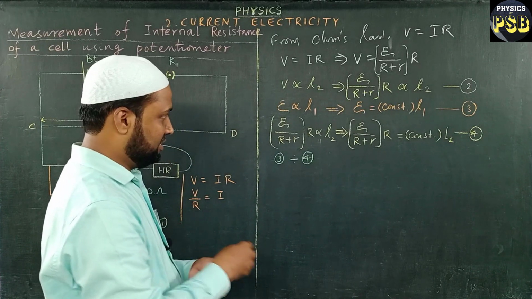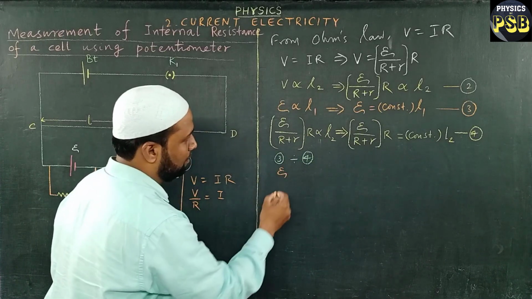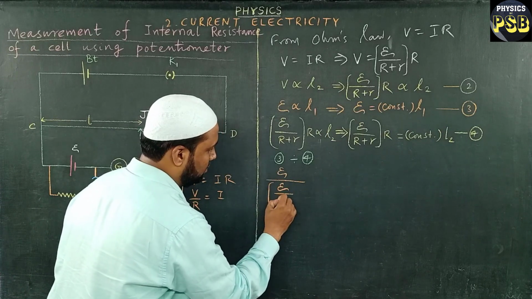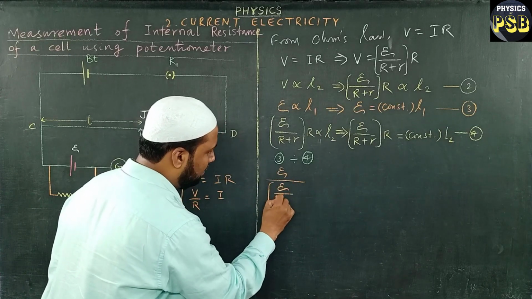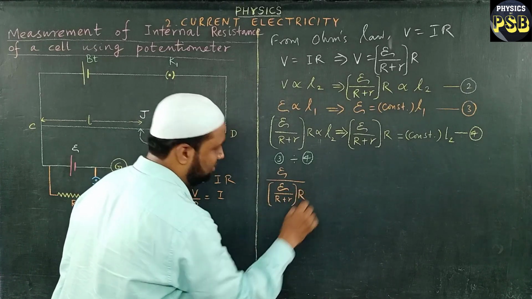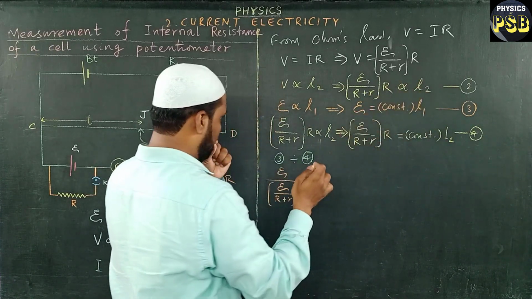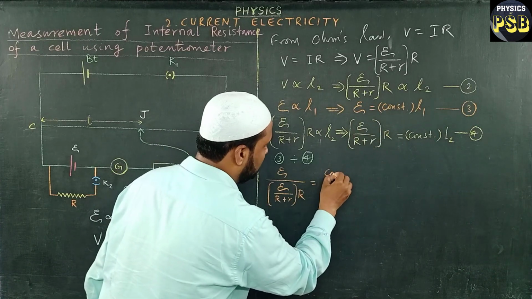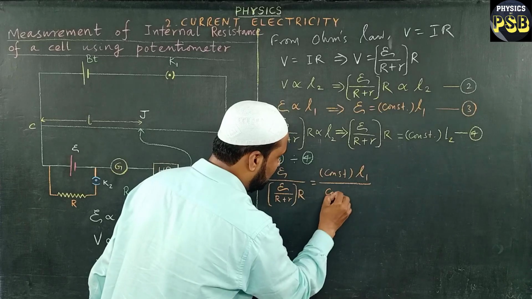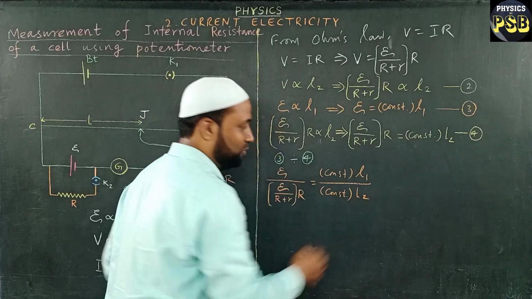I get ξ upon ξ divided by R plus small r into R, which equals this side: constant multiplied with L1 divided by constant multiplied with L2.